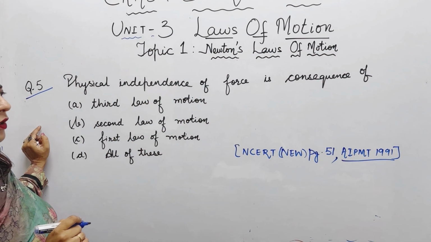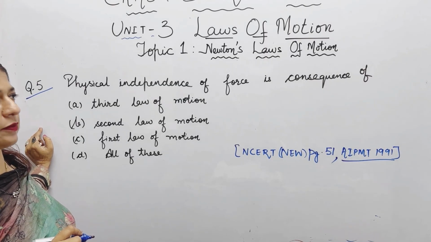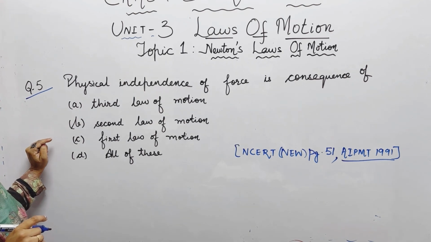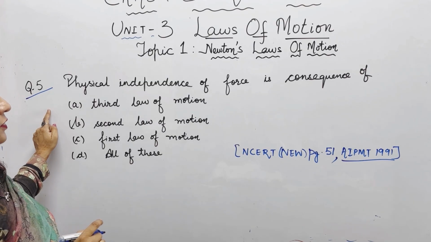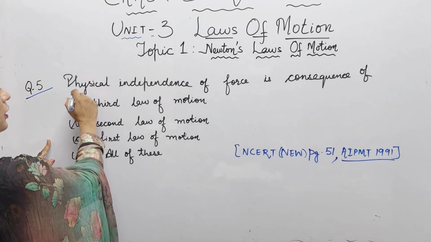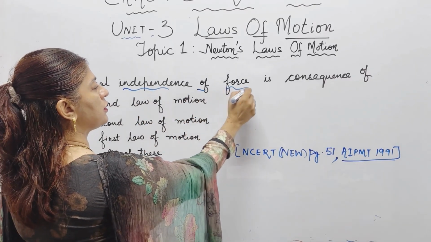If you remember, before these questions, we have discussed the important concepts. There we had talked about all these laws of motion with respect to the force and their physical significance.